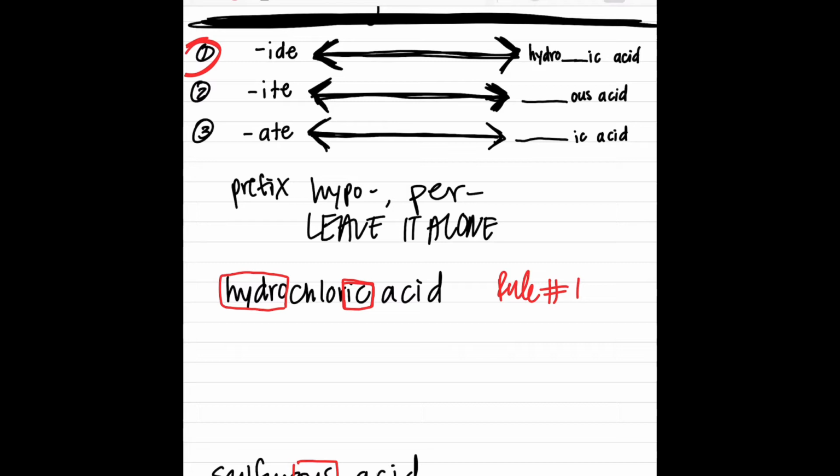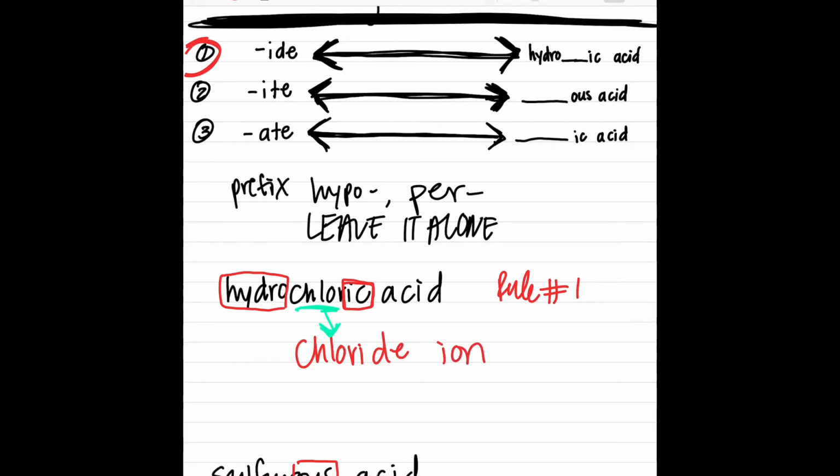So if we're going to go backwards, we're going this way, because we're writing the formula. Since I'm going that way, that means that it was chloride. All I did was take the base and bring it down. So that was called chloride ion.